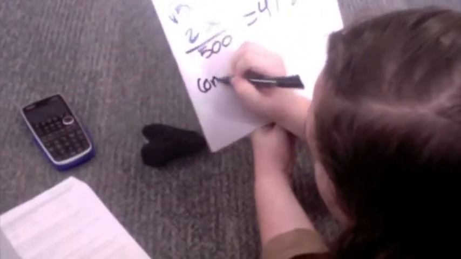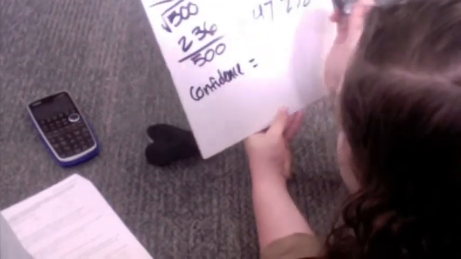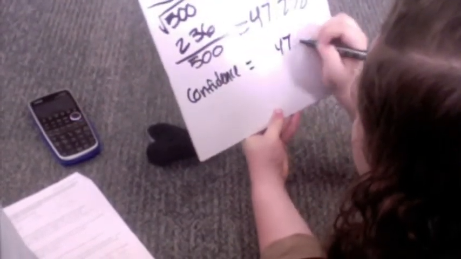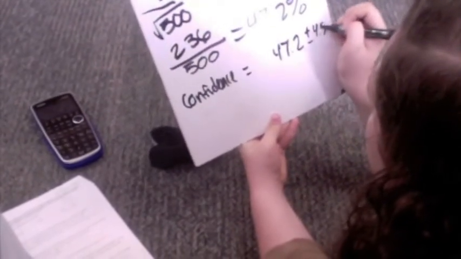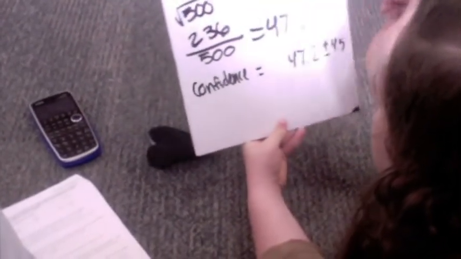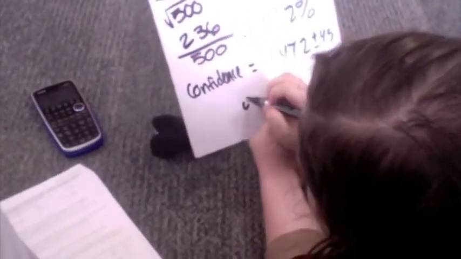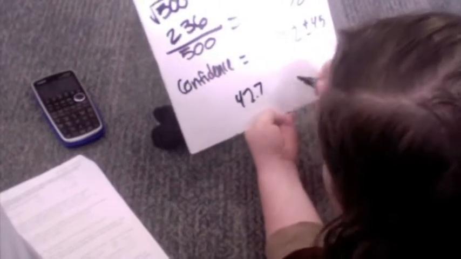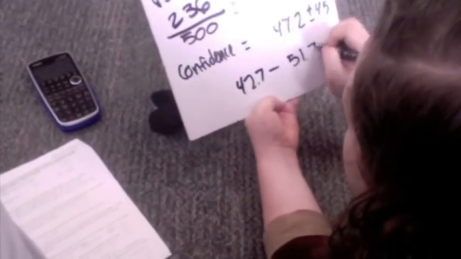In order to find the confidence interval, you have to do 47.2 plus or minus 4.5, which is the margin of error, and that would equal 42.7 through 51.7%, and this is your confidence interval.